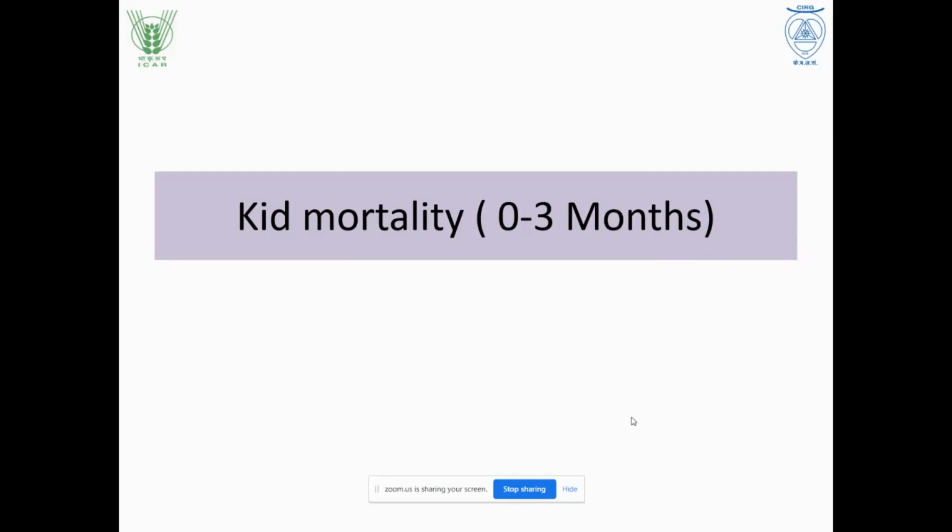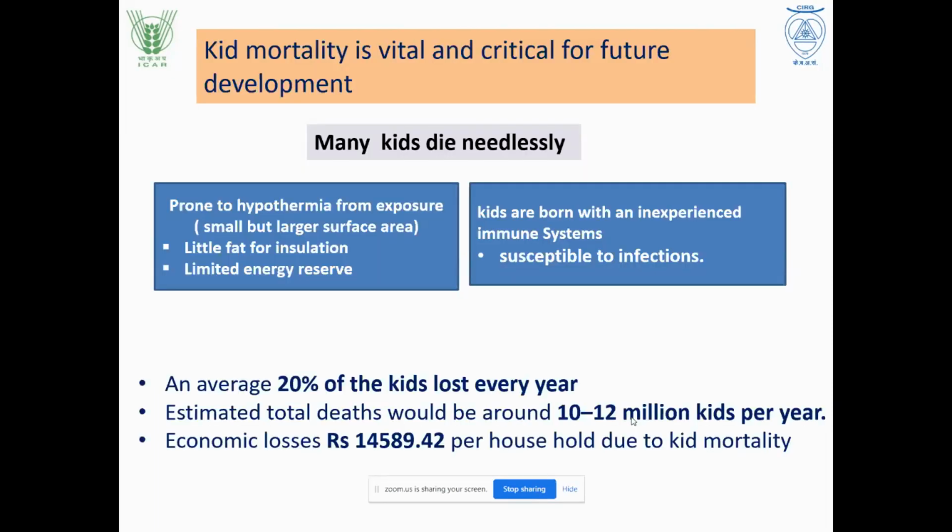In the early phase, there is mortality of the kids. Sometimes many kids die needlessly. There are two very important factors that need consideration in kid mortality. One, when the animal is born, it is very prone to hypothermia from exposure because it's a small animal and the surface area is larger.